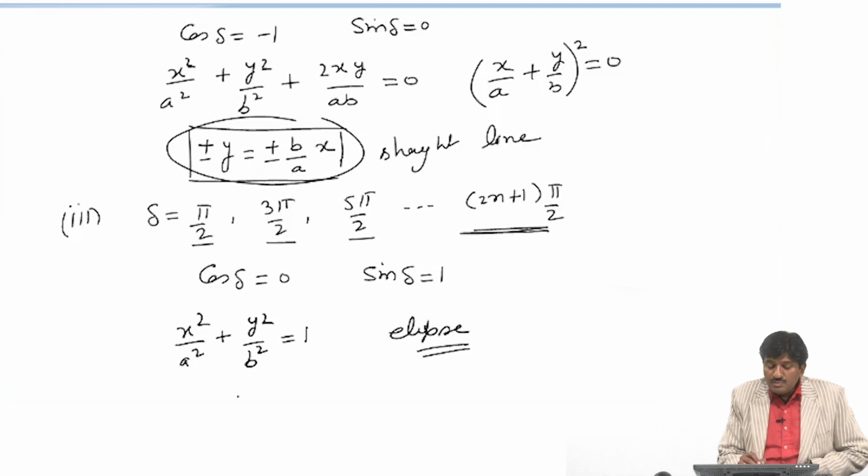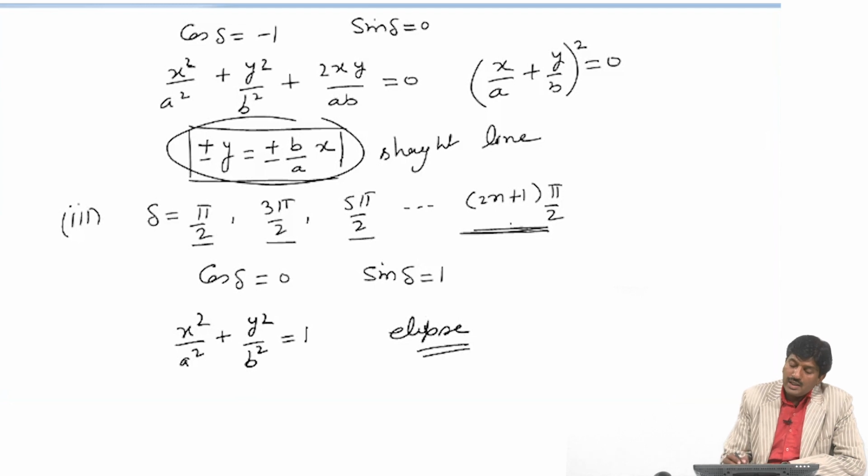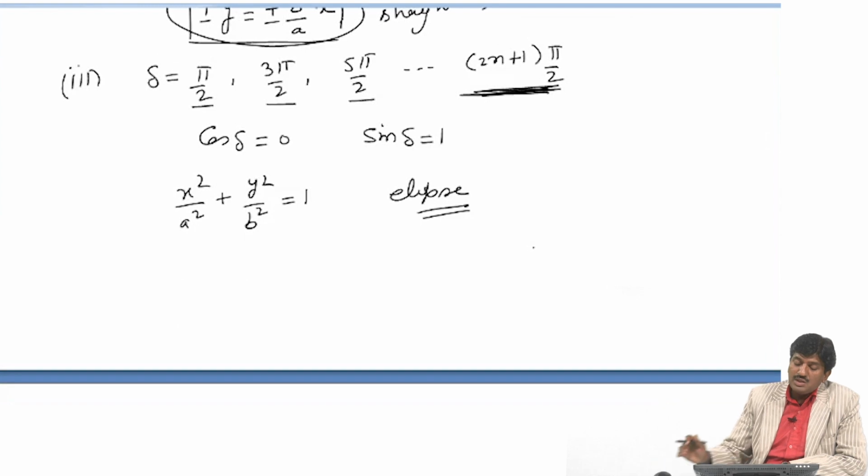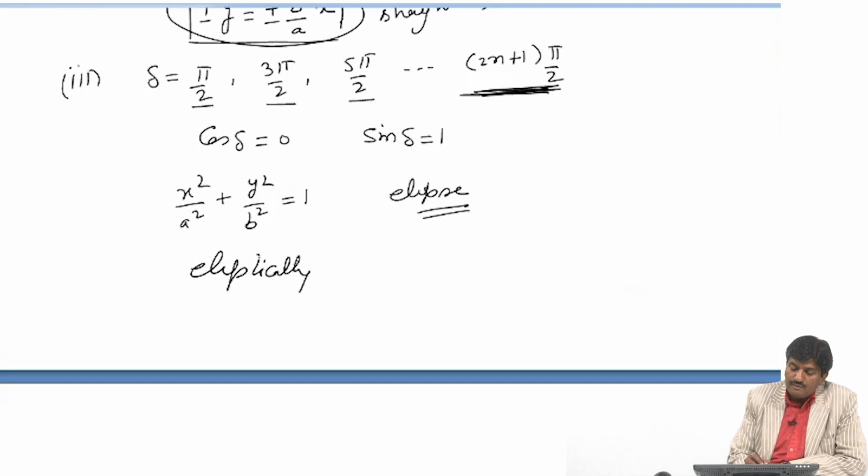It means if there is a phase difference between O ray and E ray equal to (2n+1) pi by 2, then the emergent light from the crystal represents elliptically polarized light.